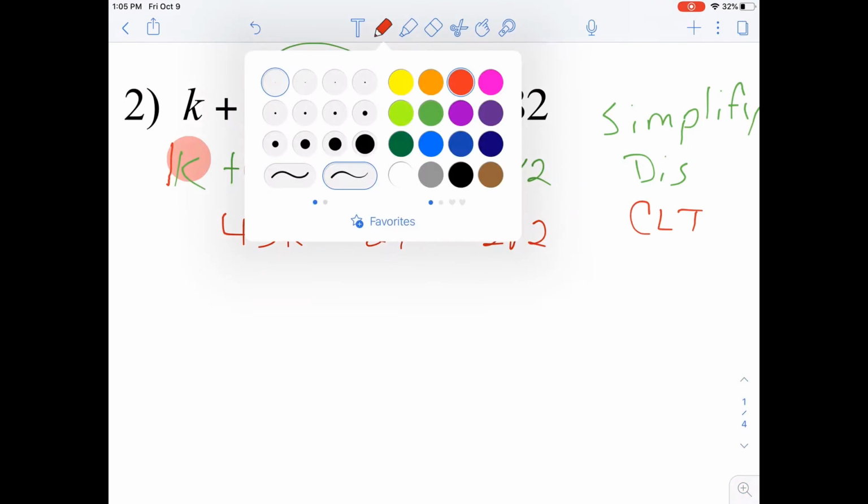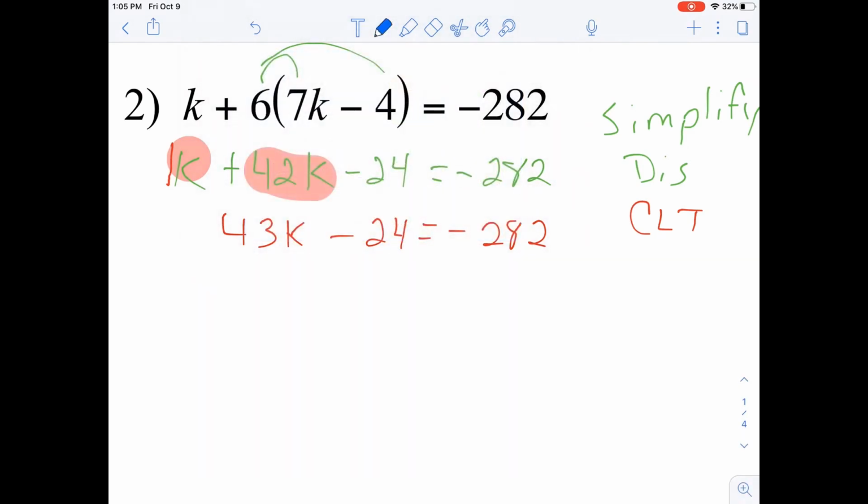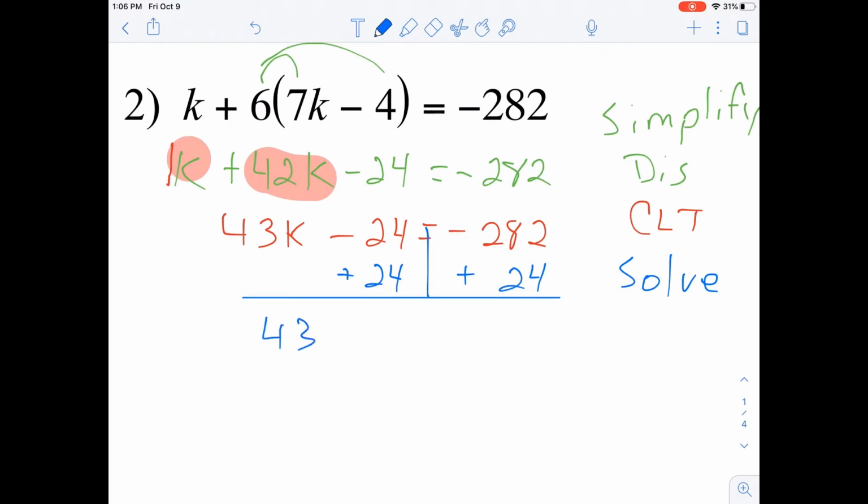Now I'm going to start to solve. And in order to solve, I'm going to do the inverse operations. So I want to get rid of minus 24 first, so I'm going to plus 24. When I'm solving, whatever I do to one side, I got to do to the other side. So 43K is going to drop down. The 24s are going to cancel.